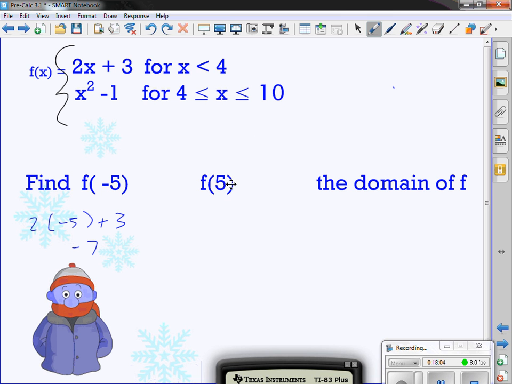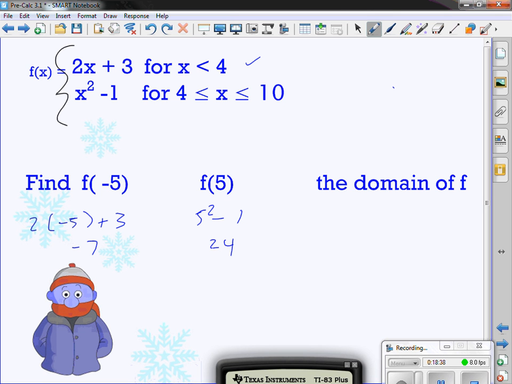Where does 5 go? It works in the bottom one. So it's 5 squared minus 1. 25 minus 1 is 24. Now the domain of f is for both. It's not the domain off of f. On the top, any limitations for x?